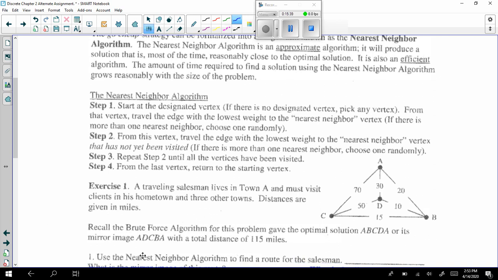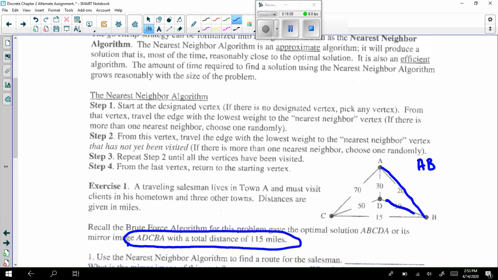When we did the brute force algorithm, we got this, A, D, C, B, A. But if we're using the nearest neighbor, okay, so the first thing, I start at A, and I'm going to go to B. All right, so A to B is 20. So that's A and then B. And then I want to take the cheapest one from here. So I'm going to go to D, right?